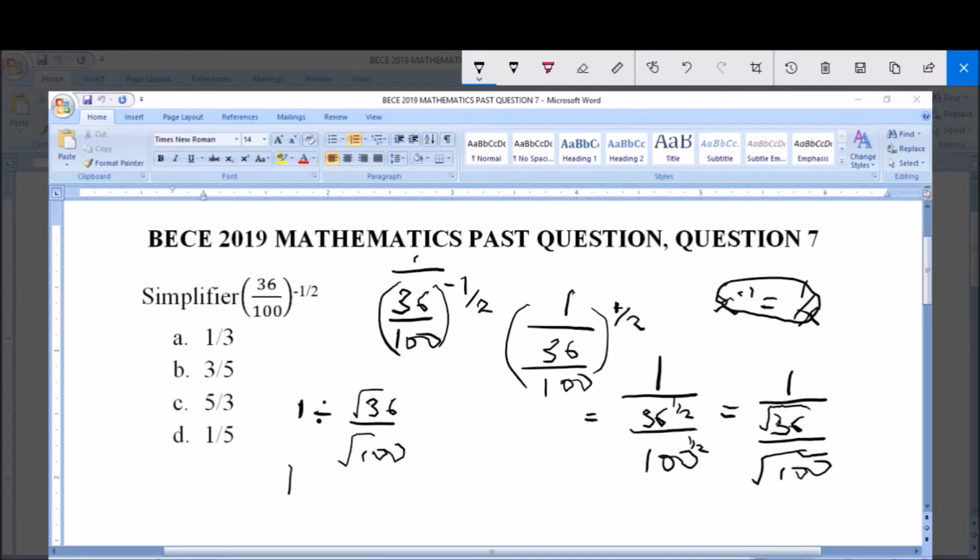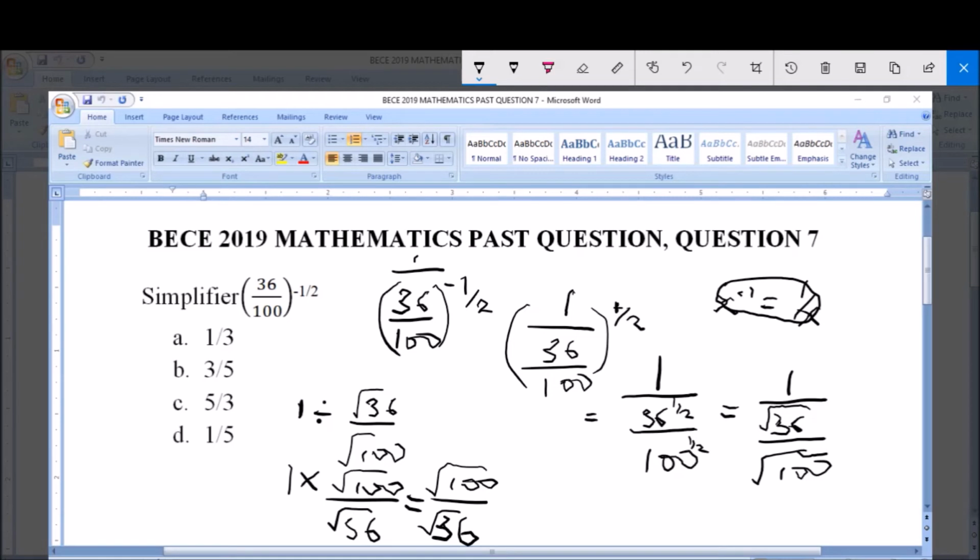And for us to convert this division sign to a multiplication sign, your denominator here will become your numerator, and your numerator will become the denominator. So we have 1 multiplied by root 100 all over root 36. Now from here, 1 times this will give us root 100 all over root 36.